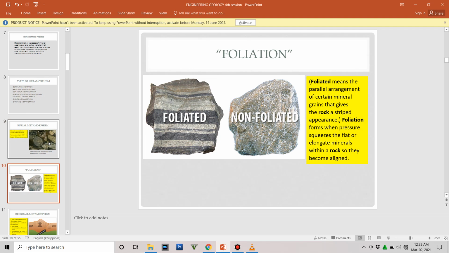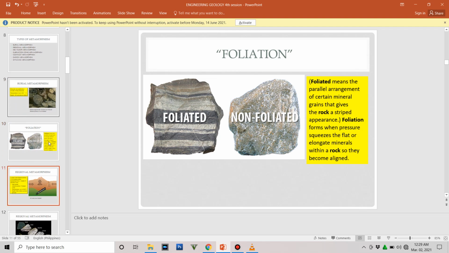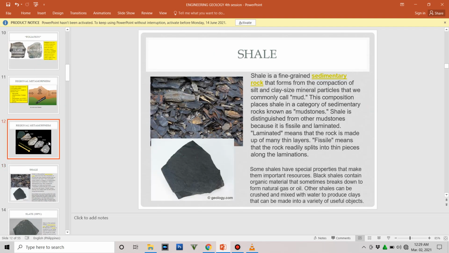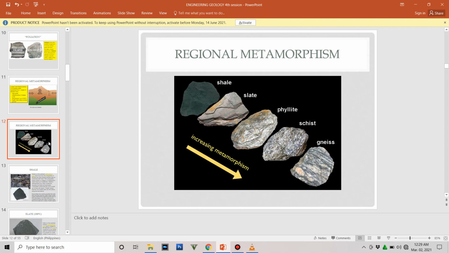And then an example of foliated and non-foliated. And then specifically, we have the shale, slate, phyllite, schist, and gneiss. So remember that we are in a mountainous area. Of course, within our locality, it is available. Okay, so work with your group and have a good day.